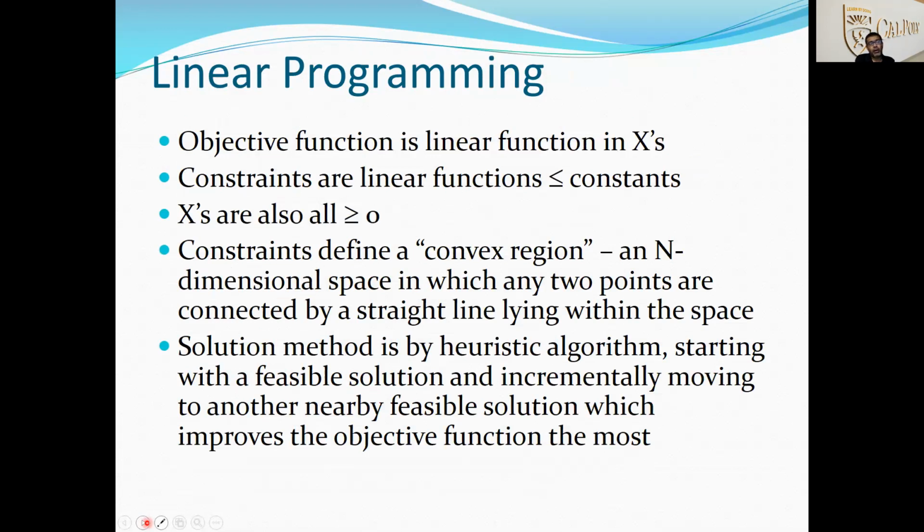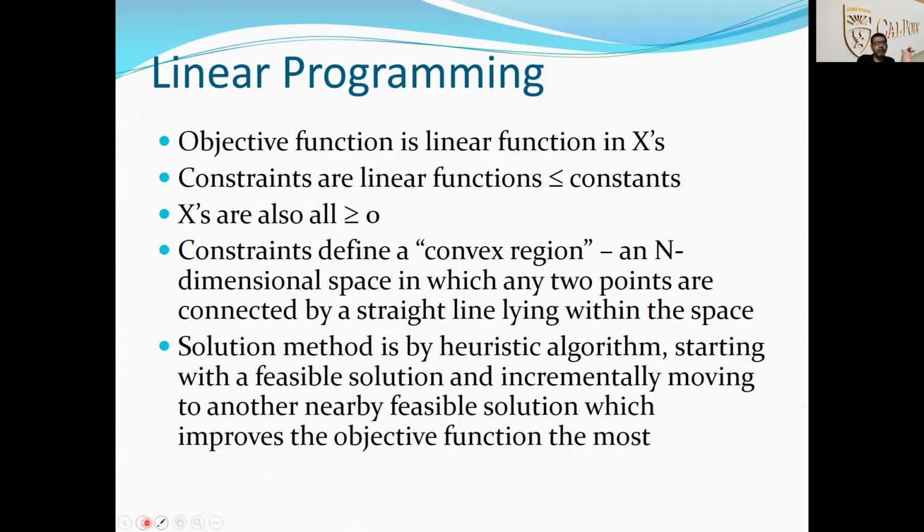X's are also greater than or equal to 0. Constraints define a convex region, an n-dimensional space in which any 2 points are connected by a straight line lying within the space. The solution method is a heuristic algorithm, starting with a feasible solution and incrementally moving to another feasible solution. So there is a lot of jargon here, as you can see.